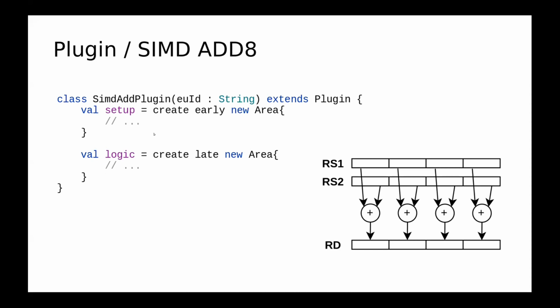These early threads are used for plugins to negotiate things between each other, to notify each other of things, or to retain each other from doing things because it's too early. And then when everything is negotiated, you can create a late elaboration thread that will be used to generate all the corresponding logic of your hardware and everything you need to really implement the behavior.